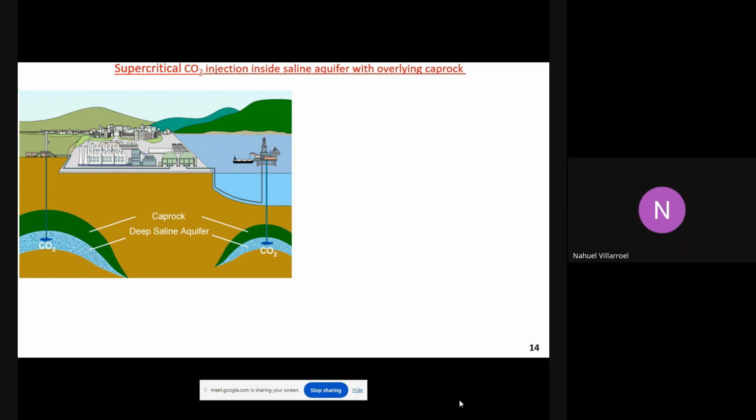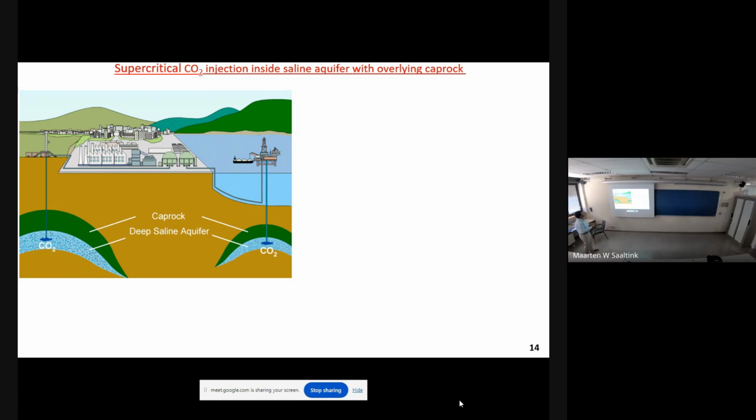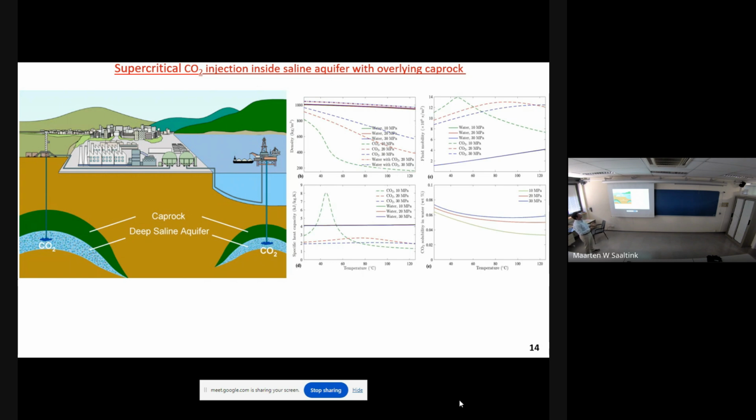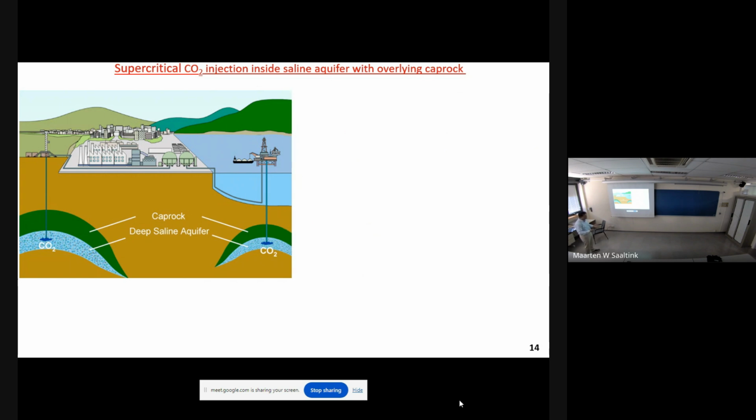There's some geology, I don't remember all of it. But what will happen? CO2, injected in supercritical form, is lighter than the brine or water. At the same time, it dissolves in the water, and that mixture is heavier than the water without CO2. So there are three different fluids of different densities.